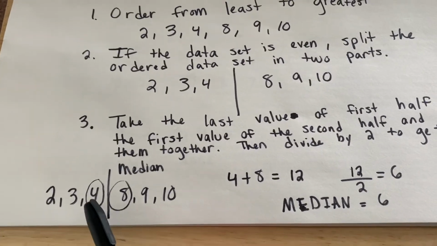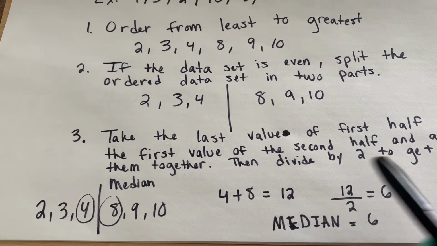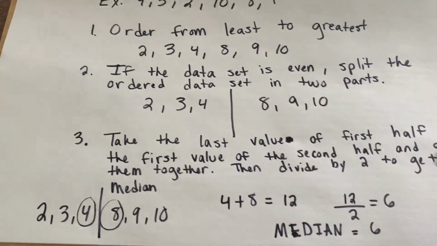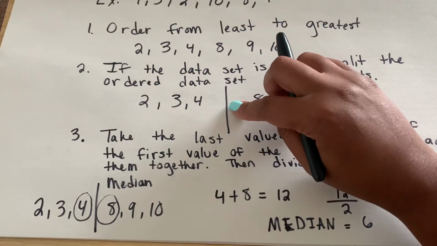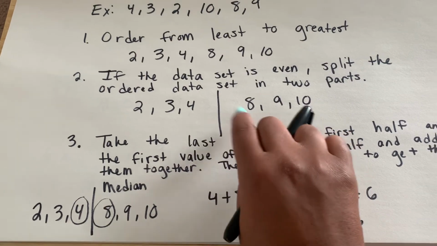If we add together 4 and 8, we get 12. And if we divide that by 2 to find the median, in this case, it would be 6. So 6 would be a representative of this line because it's in between 4 and 8.